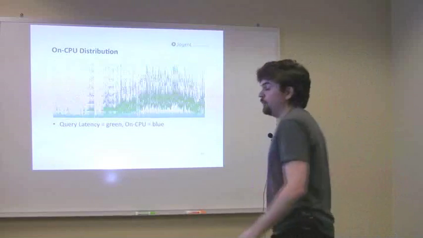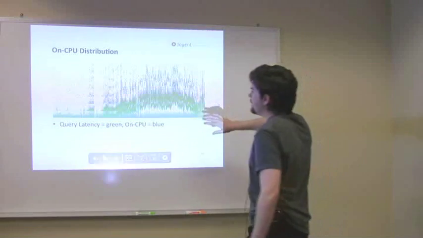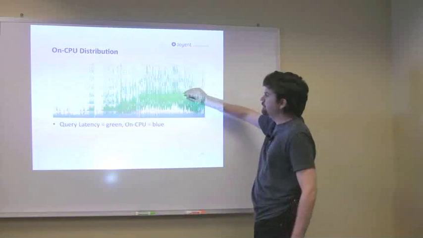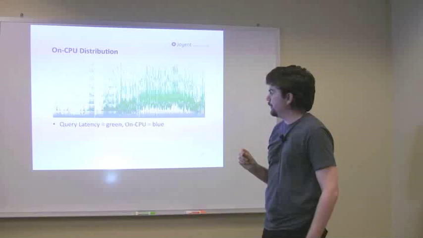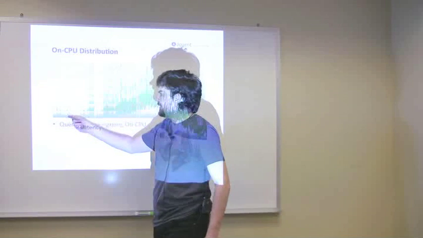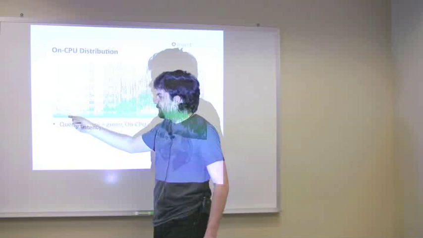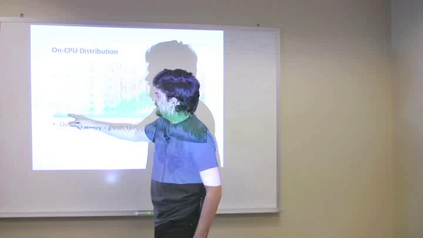To show what that could look like with a visualization, this has the query latency column in green and the on-CPU column in blue. On the left, these queries are on CPU, so we have the query latency equals the CPU latency, so they're aqua.